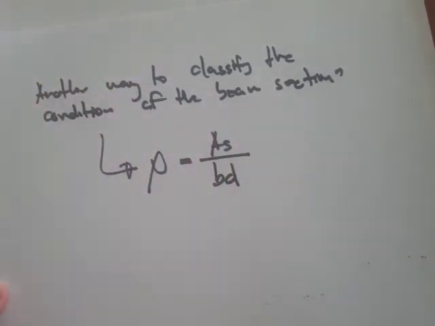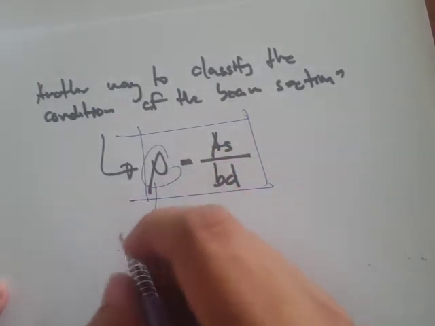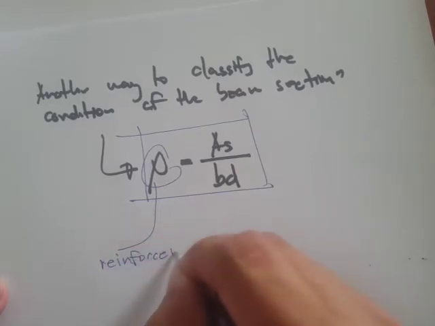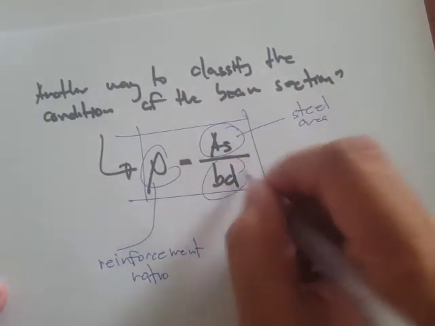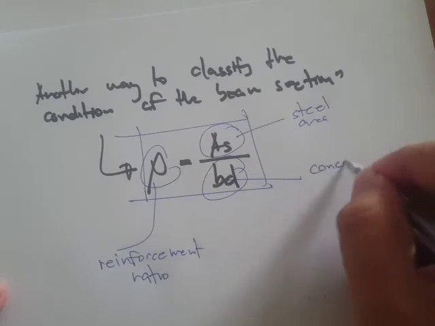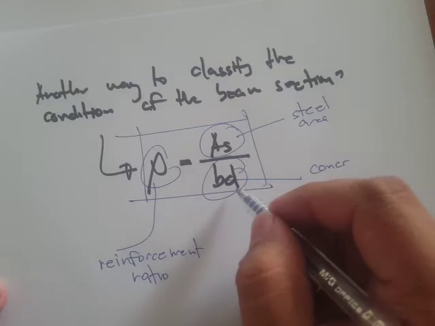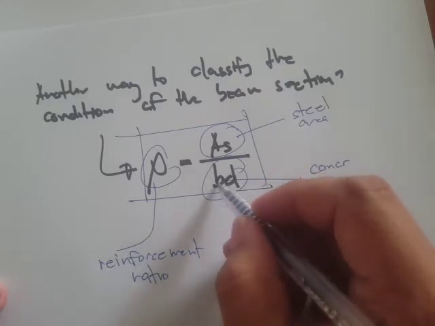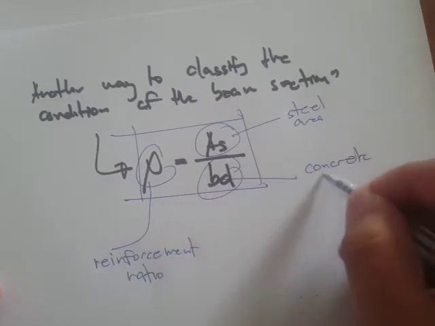This is what we call the reinforcement ratio, meaning the ratio of the steel area to the concrete area. Of course, this is just the usable concrete area, so it's not b times the total height. This is just the beam width times the effective depth, the concrete area.